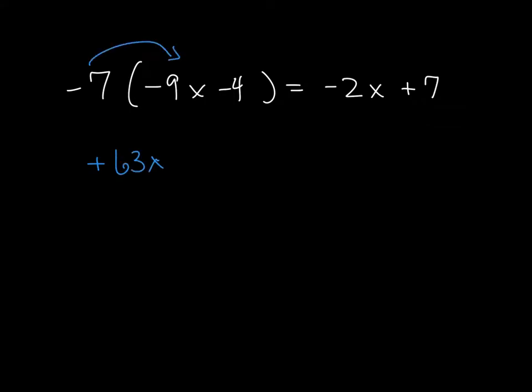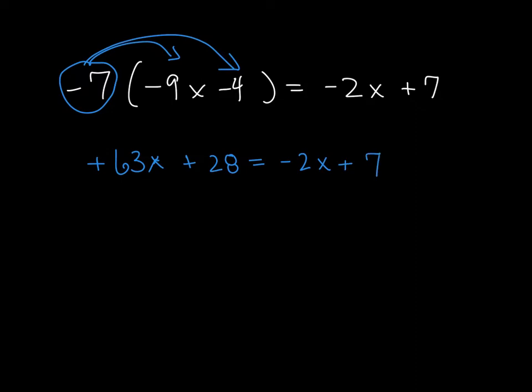Then the next term, remember, you're multiplying by a negative 7, so it's a negative 7 times a negative 4. That gives me a positive 28, and everything else over on the other side, I just bring down. That's negative 2x plus 7.